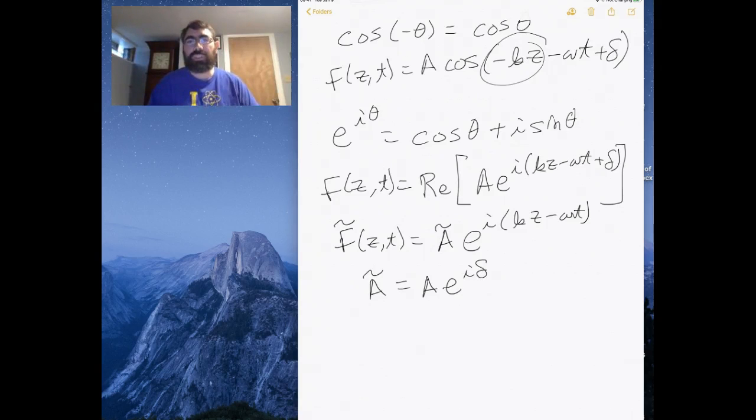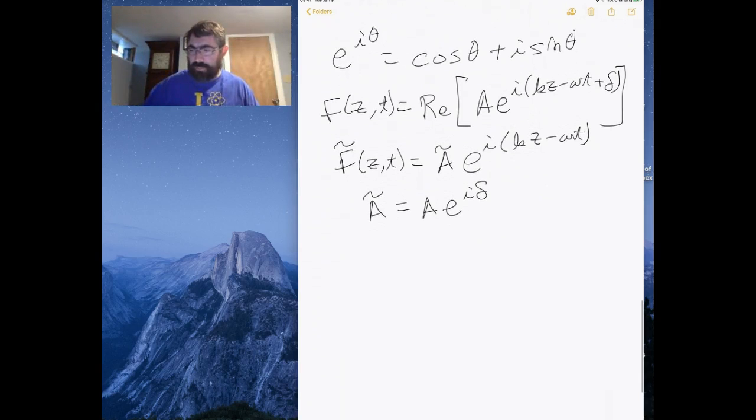The phase is just a constant number, so I'll lump that in with the amplitude and make a tilde a times e to the i times the phase. Which means that the wave function is the real part of my complex wave function. Okay.